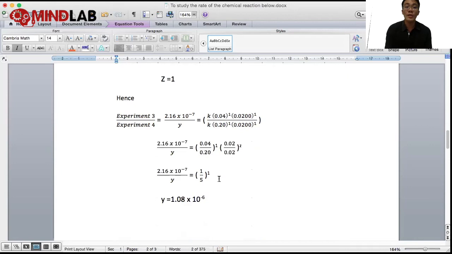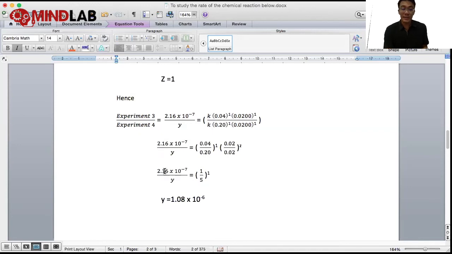I use experiment 3 versus experiment 4. It's exactly the same approach as what I've been doing, using the ratio and proportion method. So this is your values. Plug in the values in respective order.